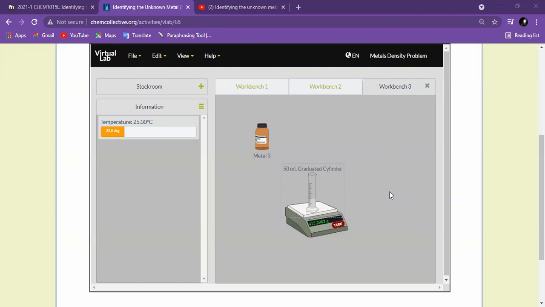After dividing, I got 21.45 as my answer, which we already know is the density of platinum. So metal 3 is definitely platinum.